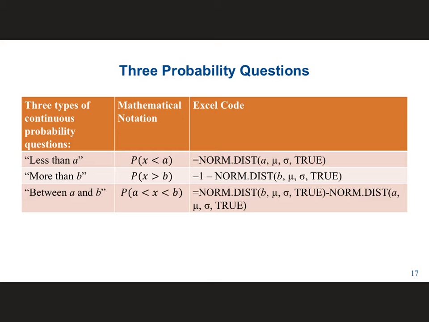If I am looking for between A and B, okay, so the probability that A is less than X is less than B, you will need to subtract the probability of the larger minus the probability of the smaller. So I'm going to do norm.dist B, mean, standard deviation, true, minus norm.dist A, your mean, your standard deviation, and true.